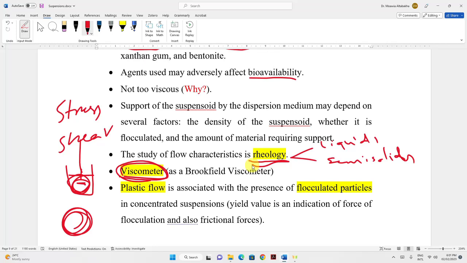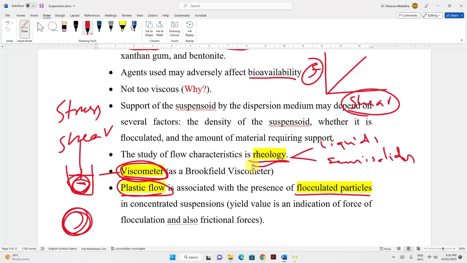Now, most, or let's say all, flocculated suspensions have what we call plastic flow. How will I know? By viscometer. Viscometer will tell me what type of flow there is. Usually for Newtonian liquids, here is stress, okay, we'll call it stress, and here we have shear.